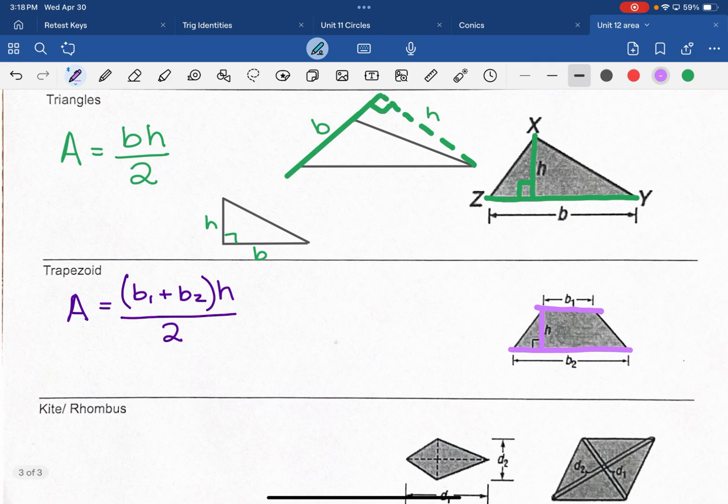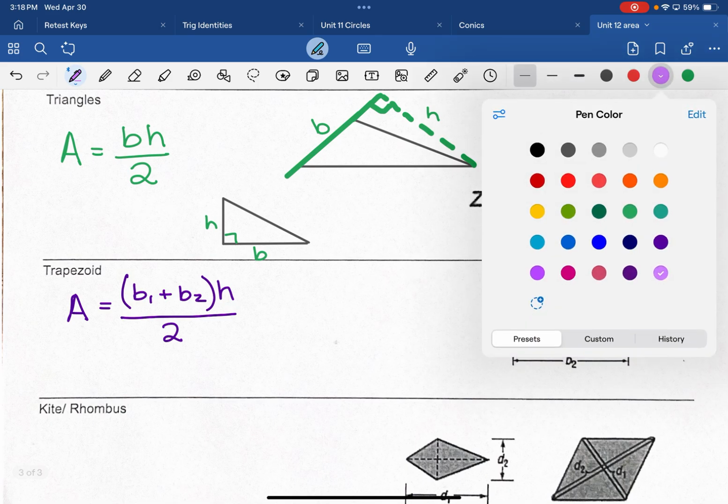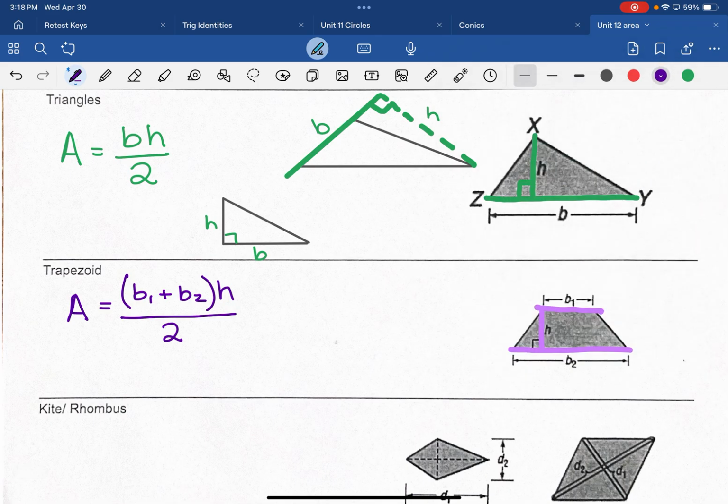Now, one thing that is very simple about trapezoids is that base 1 and base 2, just a little statement right there. That right there is an and sign. That's not a plus sign, so it's not base 1 plus base 2. When I do that, I'm talking about base 1 and base 2. These right here are always the parallel sides.